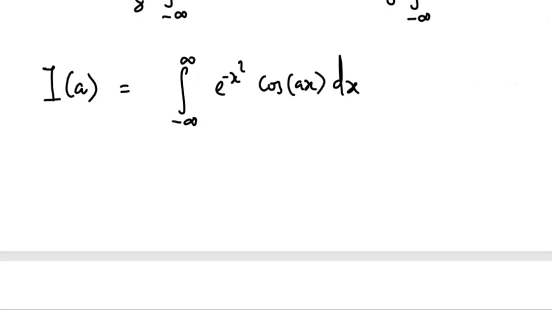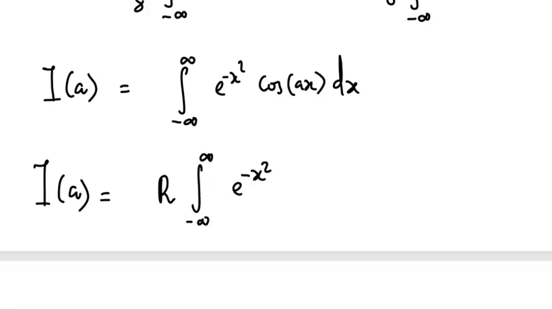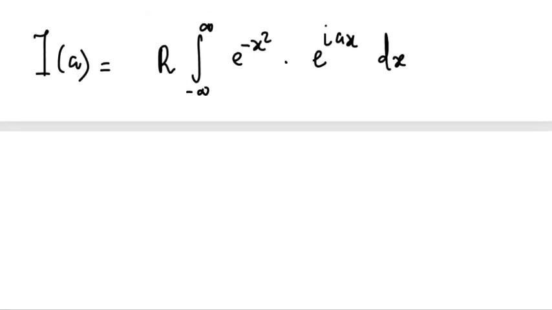We know the cosine is the real part of e raised to the power of i theta. So according to Euler, we take the real part of the integral from negative infinity to positive infinity of e to the negative x squared times e to the power of iax dx, and don't forget that we're interested in the real part, which gives us the cosine of ax.